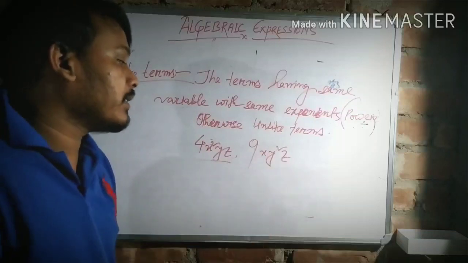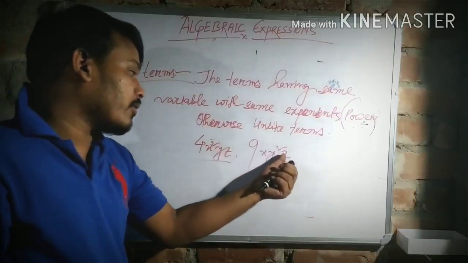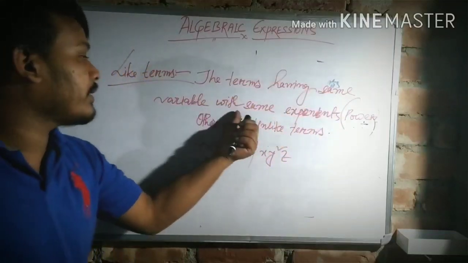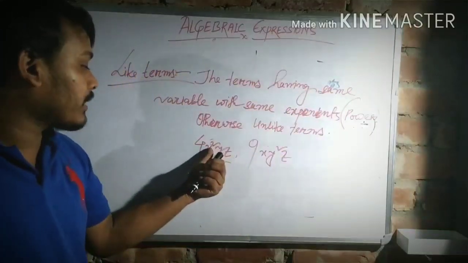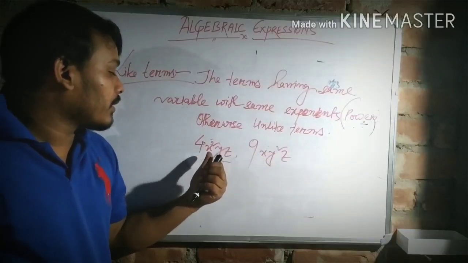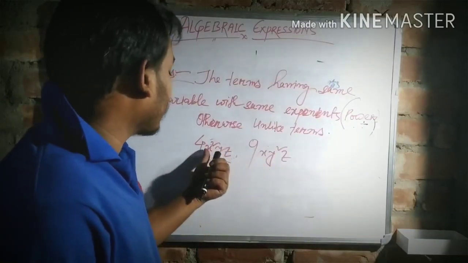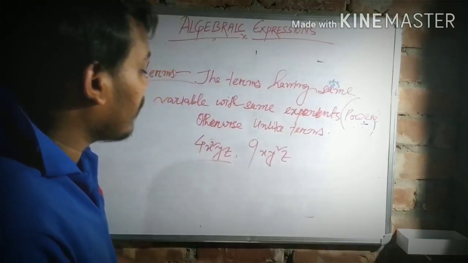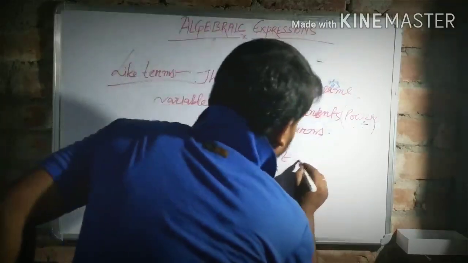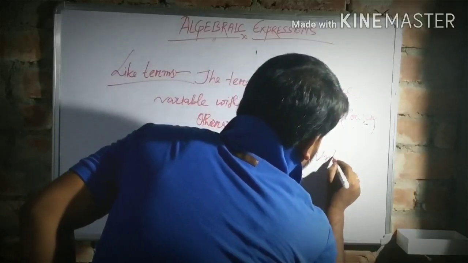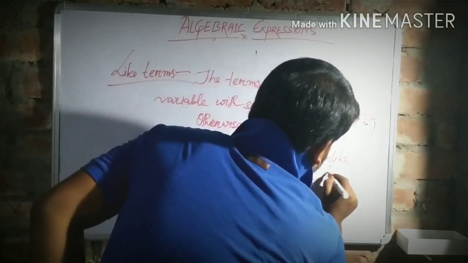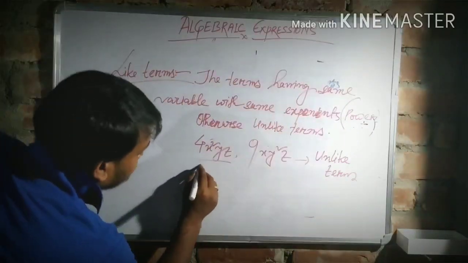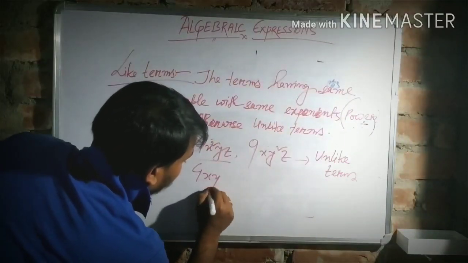Similarly for y. So the powers are not the same, but the condition is the same variable with the same exponent. The exponents of x in the first and second terms are not equal. So these two are not like terms. That means unlike terms.